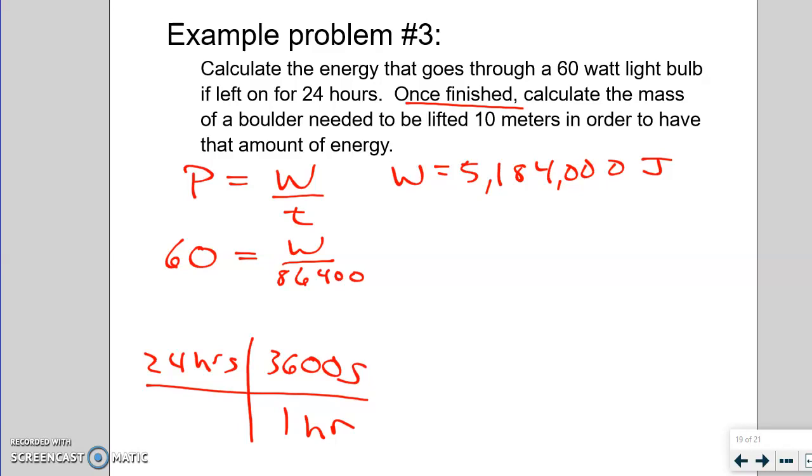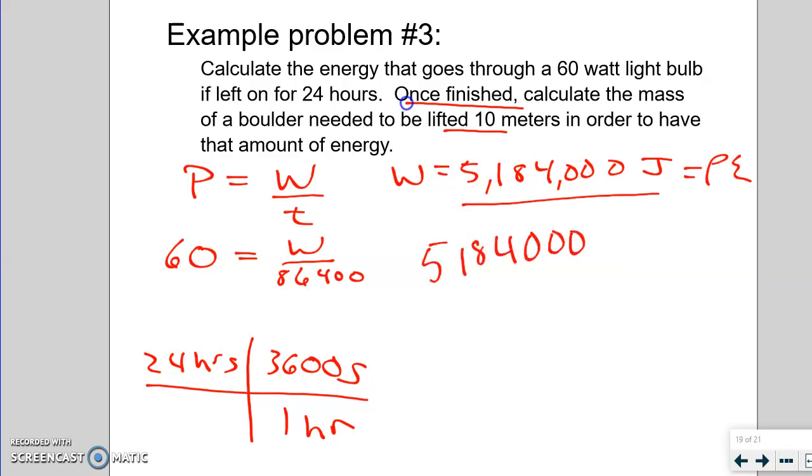Potential, gravitational potential, I think it's meaning there, because we're lifting a mass. So what we want to do is set that equal to the potential energy we want it to have. So 5,184,000 is going to equal mgh. We're on Earth, and we're going to lift it 10 meters. So this isn't going to be very hard at all.